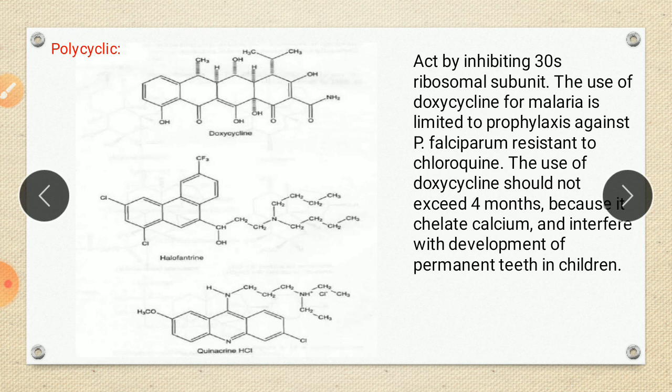But the use of doxycycline should not exceed 4 months because it causes chelation of calcium and interferes with development of permanent teeth in children. So these are the polycyclic, and these are all the classes of anti-malarial drugs.